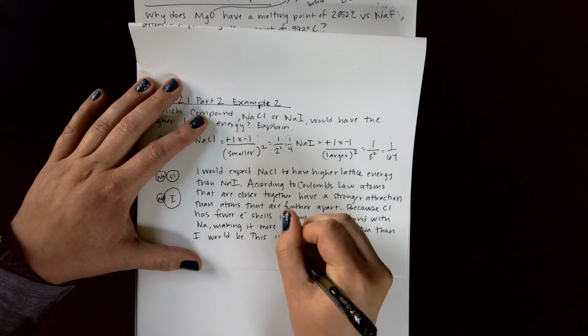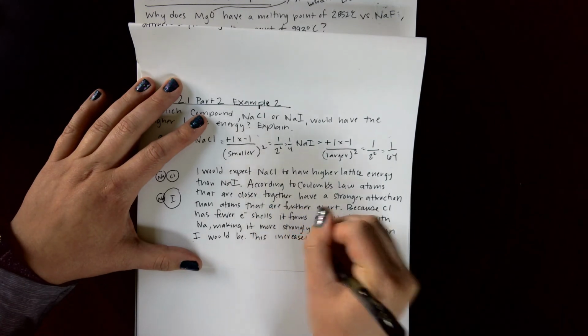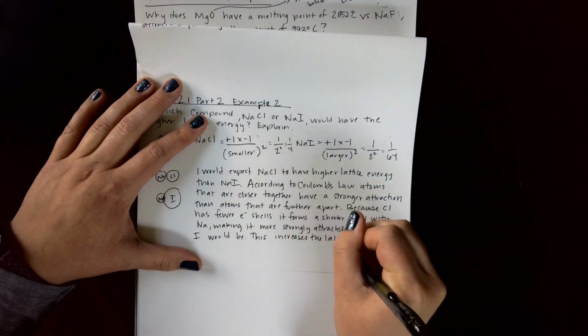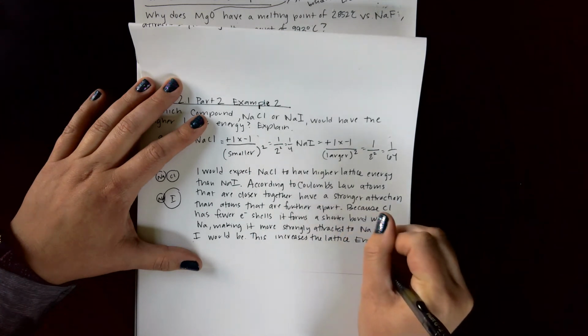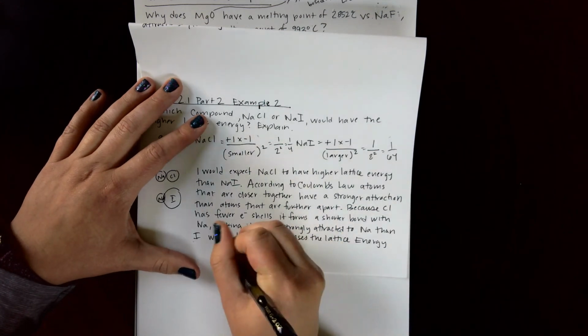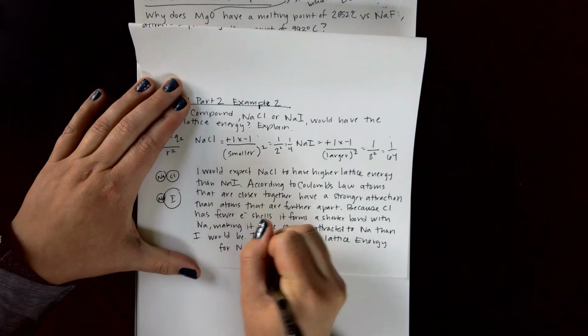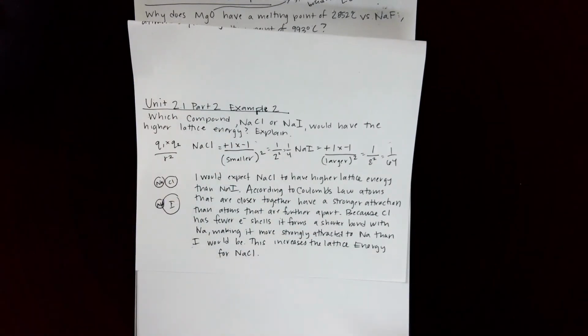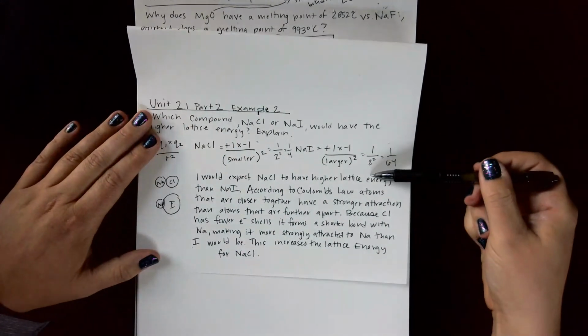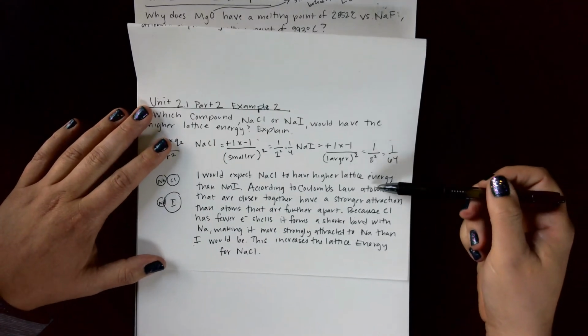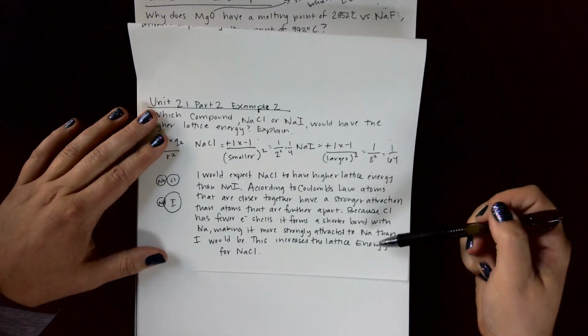This increases the lattice energy for NaCl. So when I think about answering these questions, I A, answer the question, but then B, talk about the concept and how I support that.